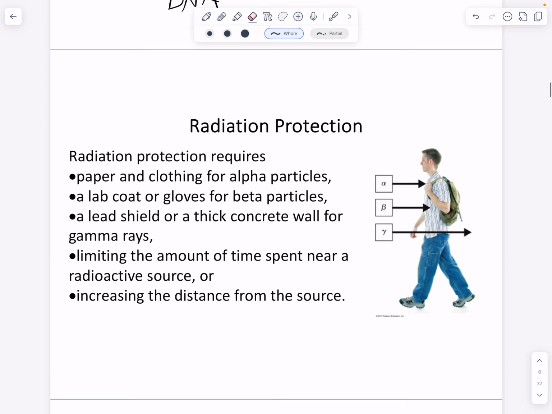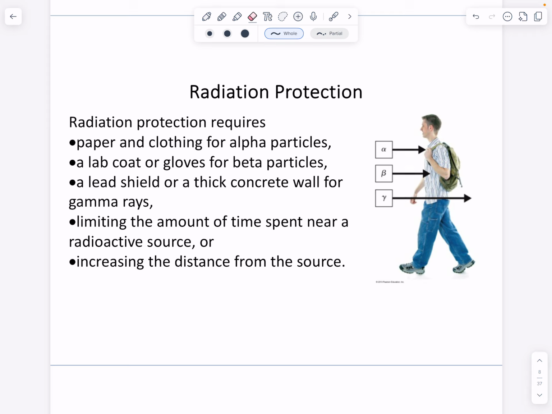Okay, how can you protect from radiation? Easy. By using paper and regular clothing, you are going to just protect against alpha particles. If you're wearing a lab coat or gloves, that's enough for beta particles. If you start using a lead shield, like when you go to the dentist to take an x-ray and the dentist gives you this heavy apron, that is a lead shield.